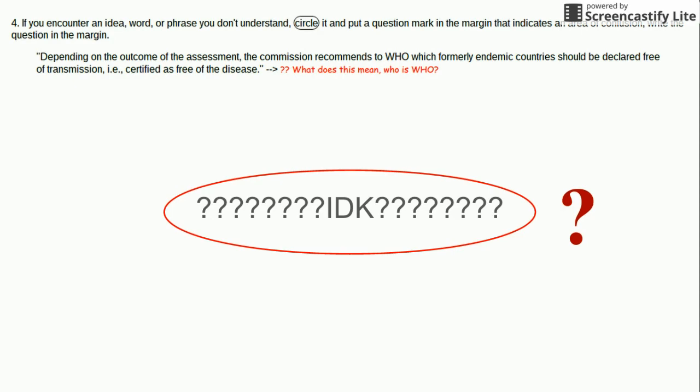So, this person then would have circled this WHO right here. And then they said, what does it mean? Who is this who? Because this is clearly an acronym for another group or organization. So we want to circle it, we want to put a question mark, and then we want to figure that out later. So we want to put any questions in the margin.